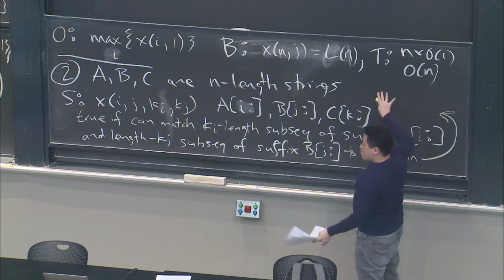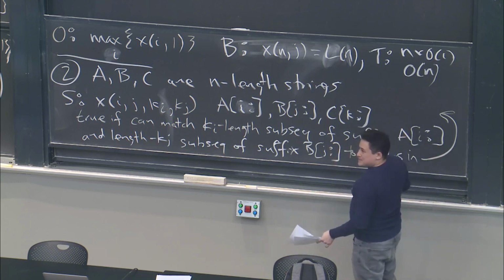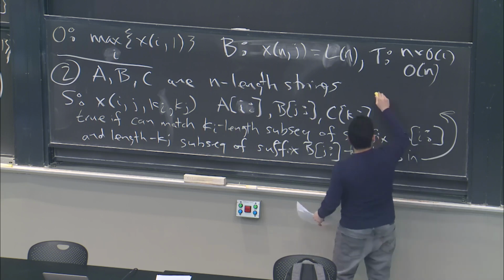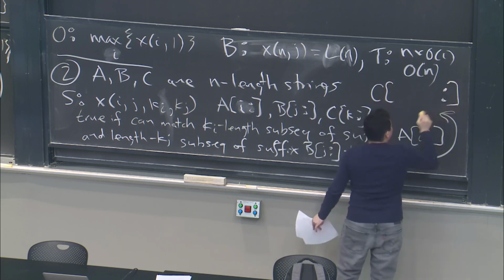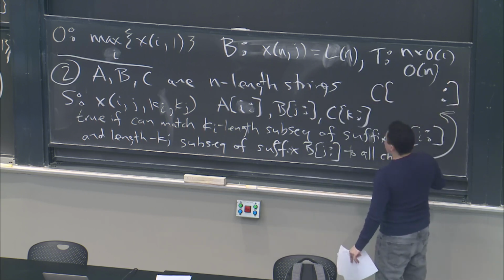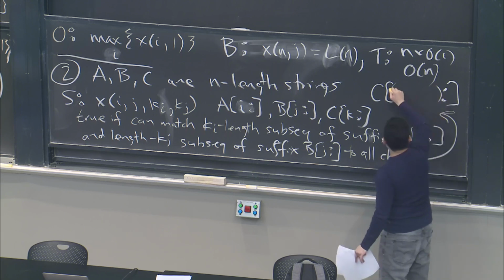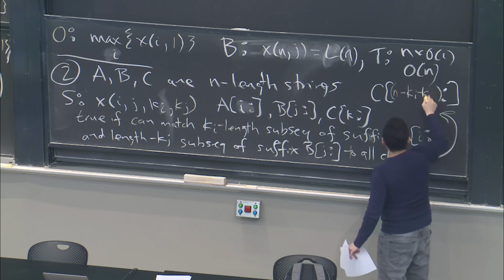So I think this is the only part that is going to be annoying to me. Okay, so this should be suffix of all of the things minus Ki minus Kj minus 1.